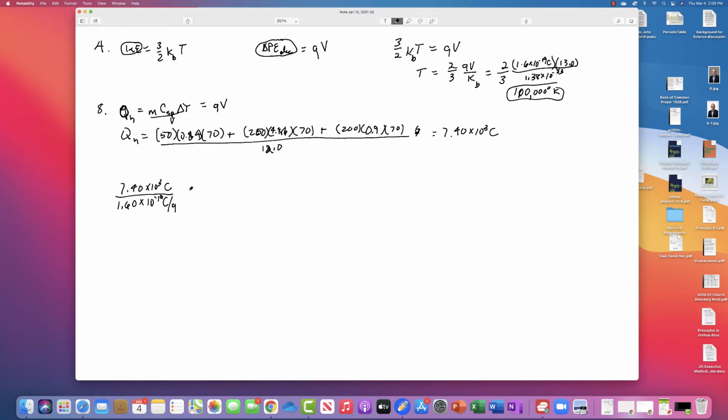That gives you the total number of charges that are necessary. Then you multiply that by 1 over 300 seconds, which is 5 minutes, to get it per second. And so that's 1.54 times 10 to the 20 electrons per second.